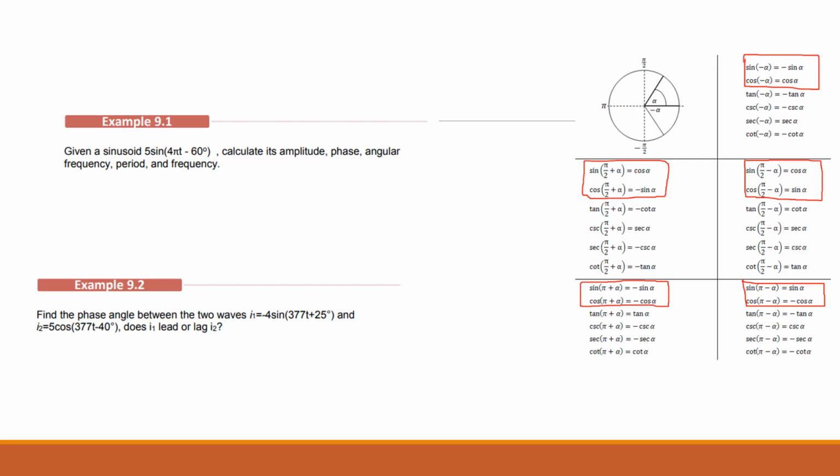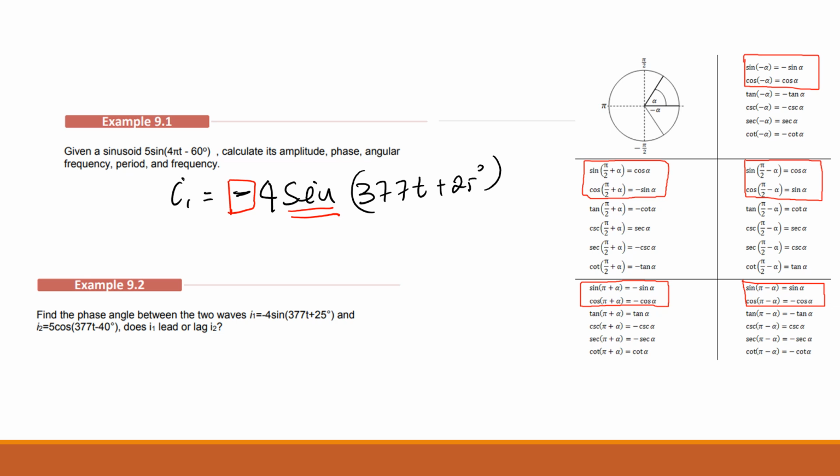Okay, so how did you convert this? You have I1 you need to convert, that is negative 4 sine 377t plus 25 degrees. You have to get rid of the negative and also the sine, and make it a cosine.